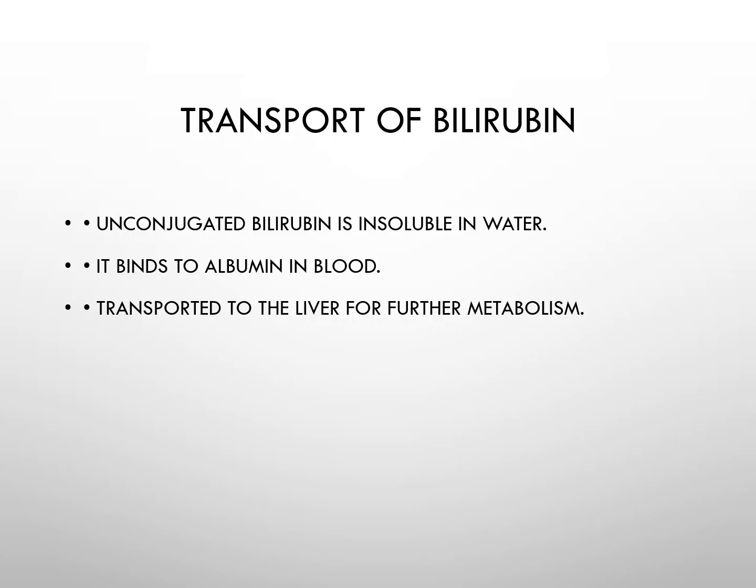This slide also explains how bilirubin is transported. The unconjugated bilirubin that is formed is insoluble in water, so it can't move freely in the bloodstream. It has to bind to a protein called albumin to form a bilirubin-albumin complex and is then transported to the liver.